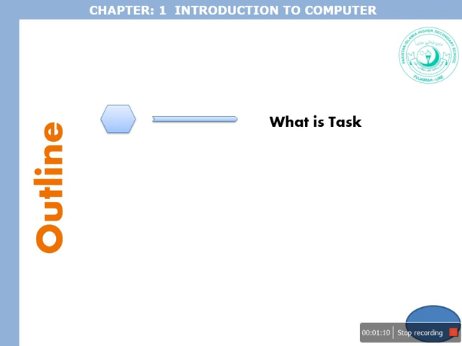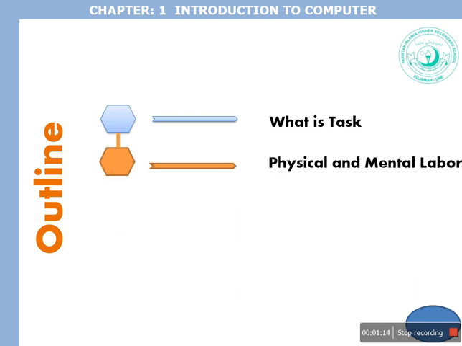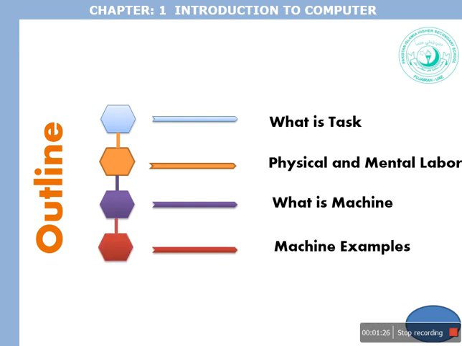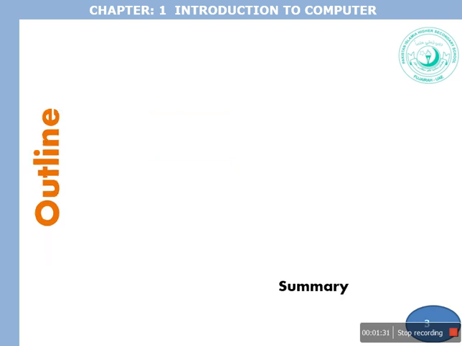So first we have to know what a task is. Then I'm going to define physical and mental labor. Then I'm going to define what a machine is, and we will see a few examples of machines.